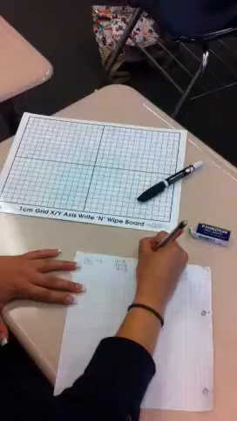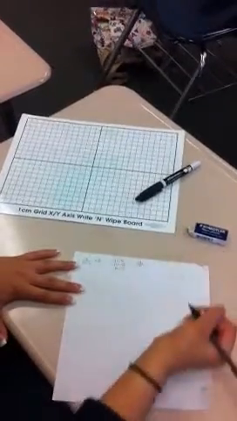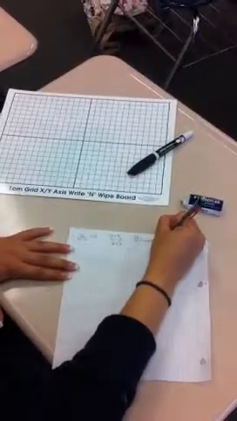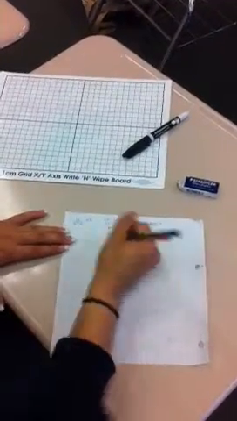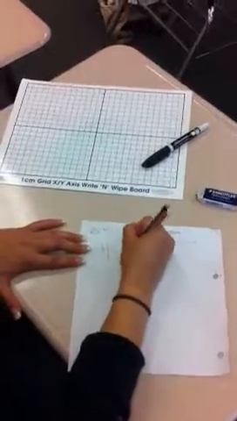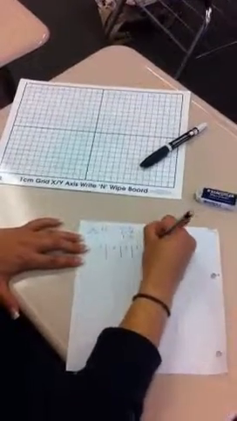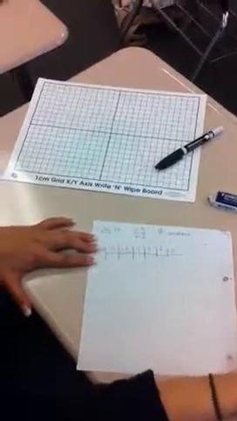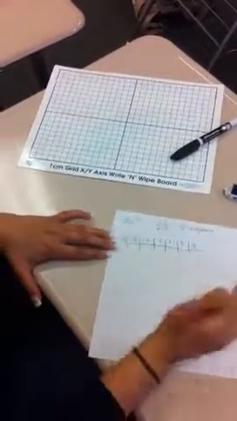points. So the parent function is a over x. So the key points that are easiest to use would be negative 3, negative 2, negative 1, 1, 2, and 3. We do not use 0 because you cannot divide by 0 in the denominator.